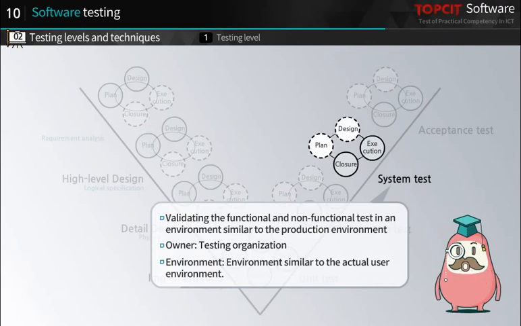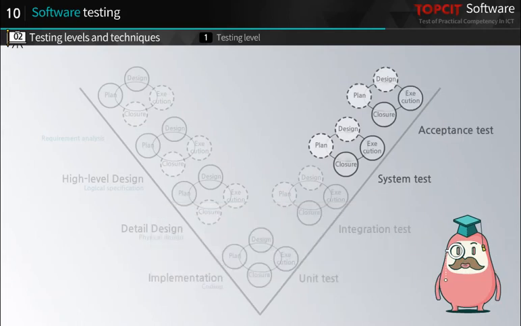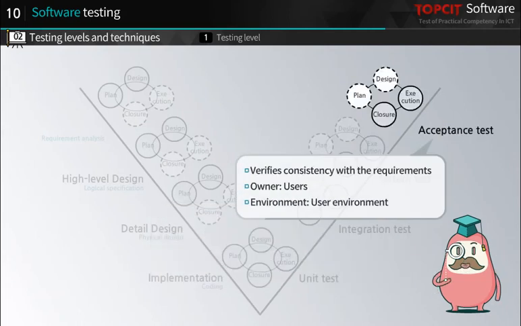In particular, non-functional testing tests system performance and security. The executing entity will be a testing organization and conducts the testing in an environment similar to the actual user environment. The acceptance test verifies the consistency with the requirements, and the user performs this test in the user environment.